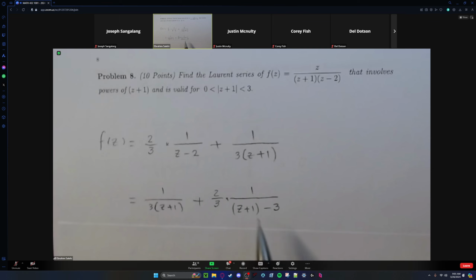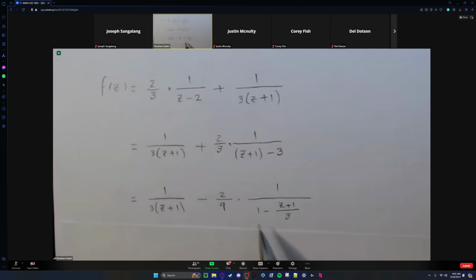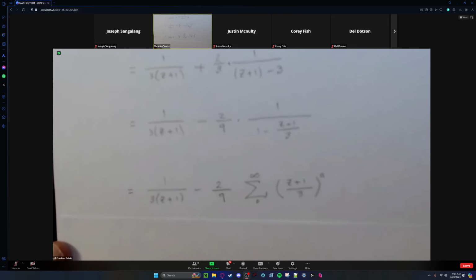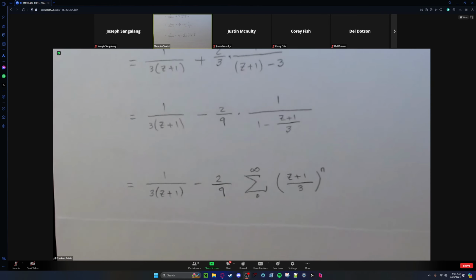So why not? Let's factor 3 and actually -3. This is what you get. And now modulus of this is less than 1, it's geometric series. Geometric series. That's it.